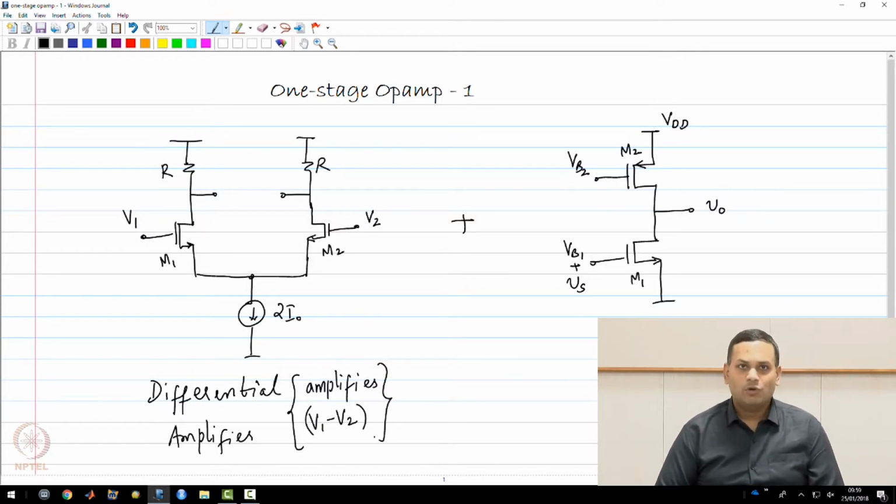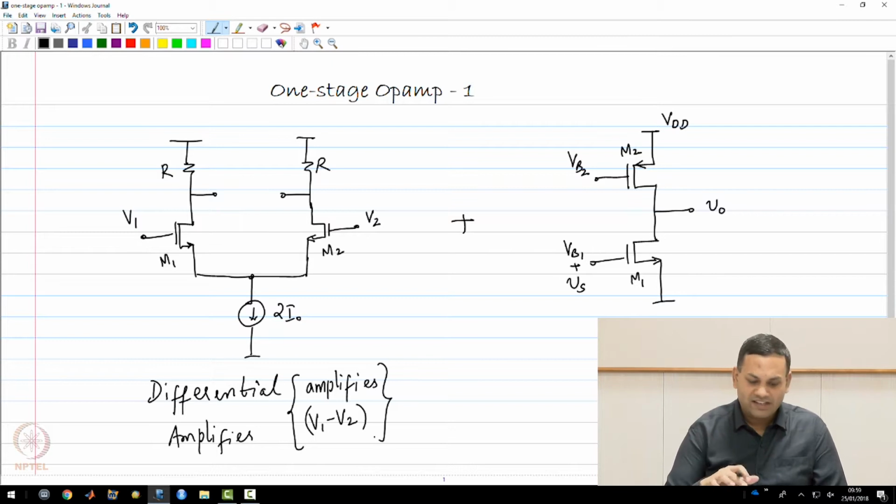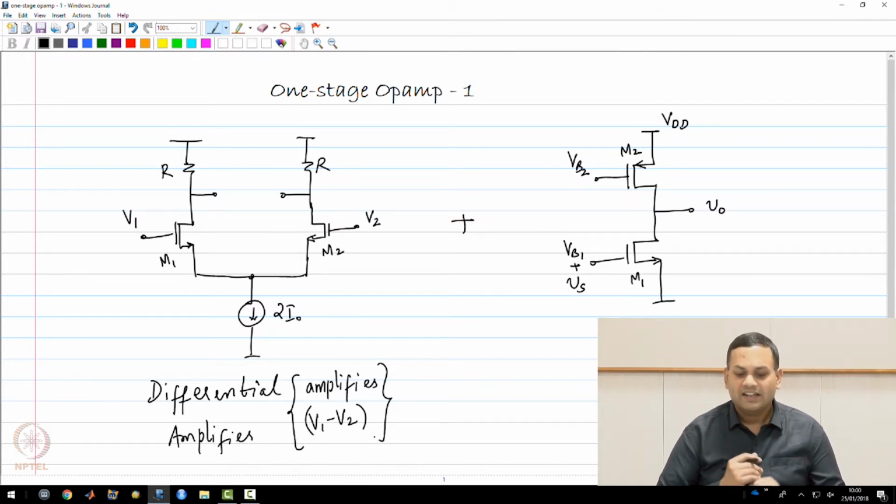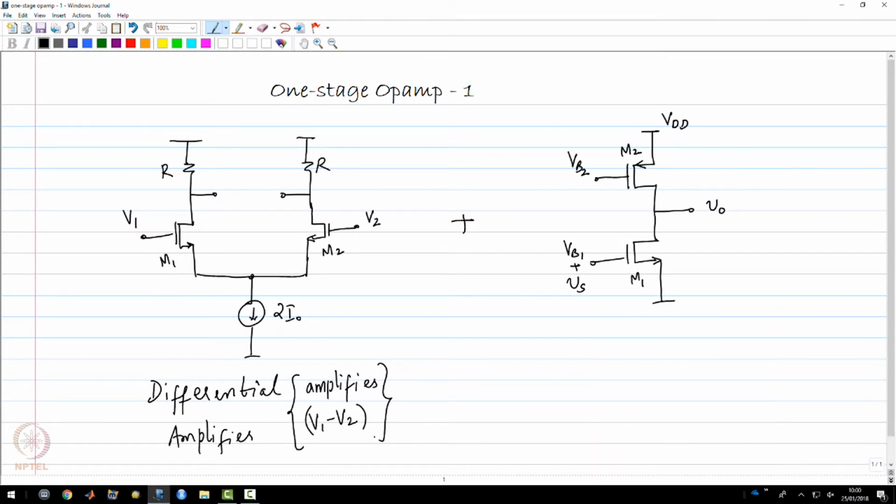So it does not care about the absolute values of V1 and V2, but it amplifies only V1 minus V2. If you look at the V1 plus V2 portion of this circuit, the amplifier tends to reject it. If you take the ideal case when the current source has infinite output resistance, this differential amplifier will completely reject the common mode at its input.